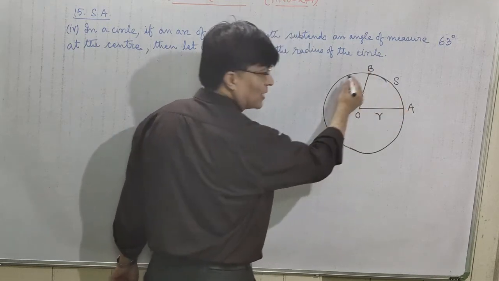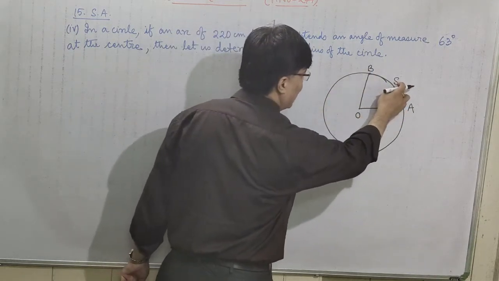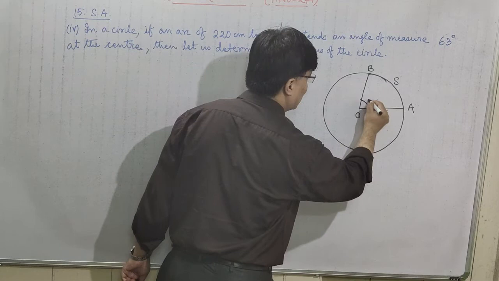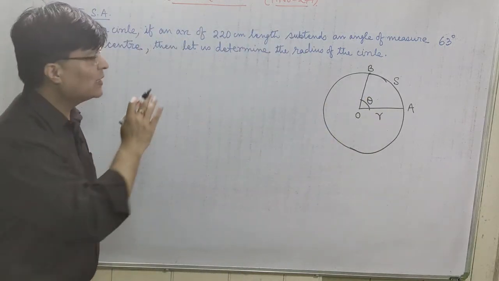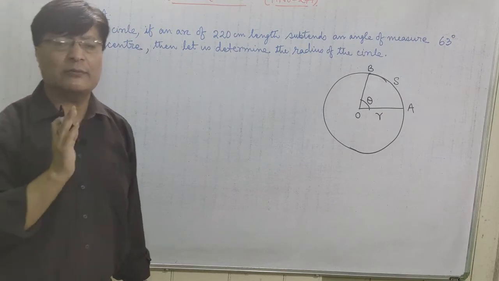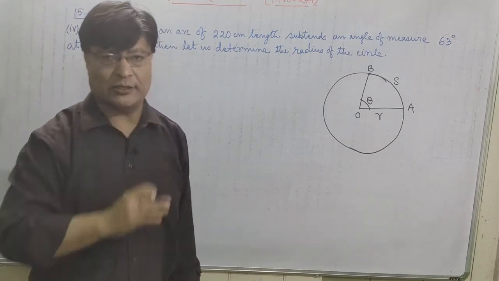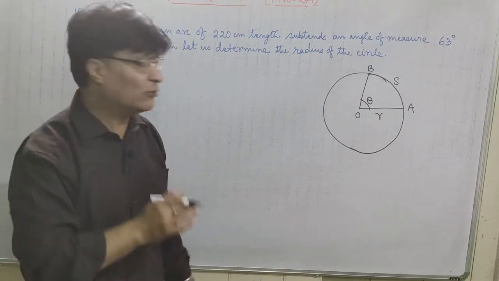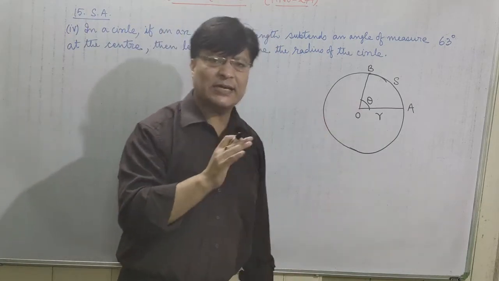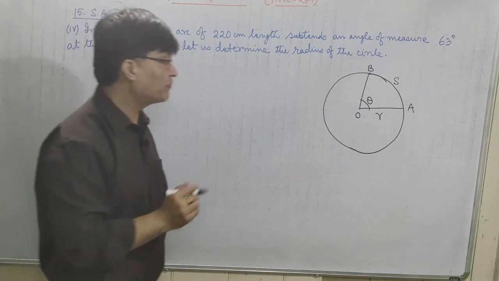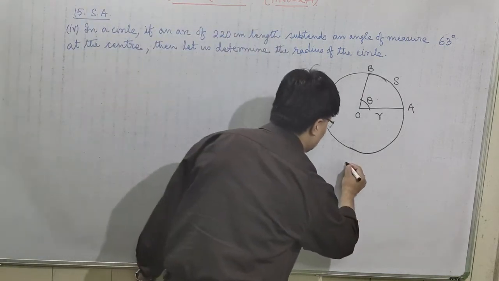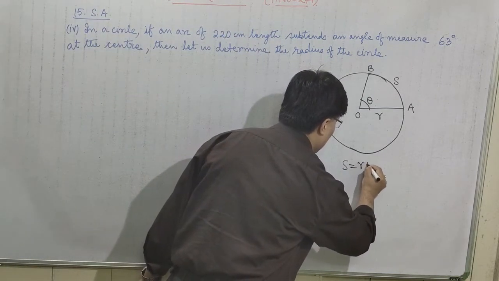And this arc AB of length S subtends an angle theta at the center of the circle. In this case, theta is measured in terms of circular measure, in terms of circular system. And you know this formula, isn't it? That is S is equal to R theta.